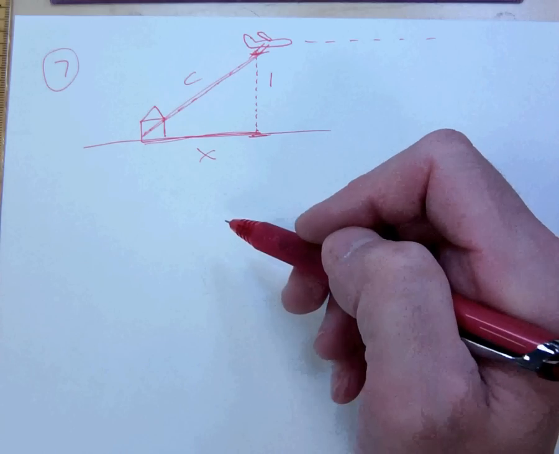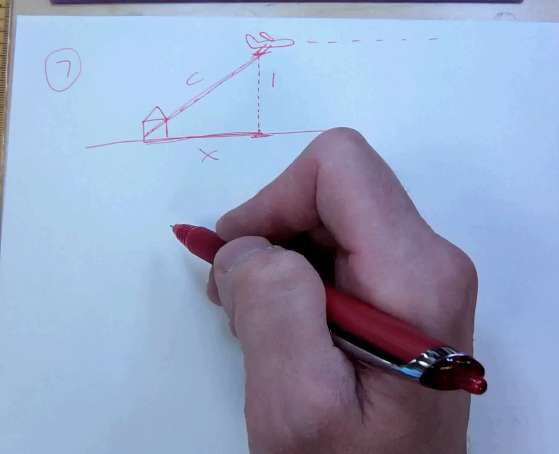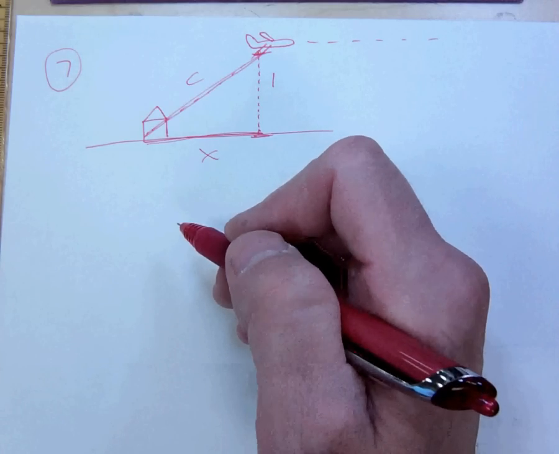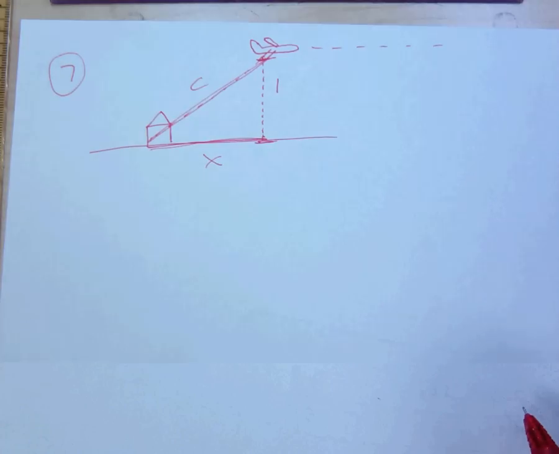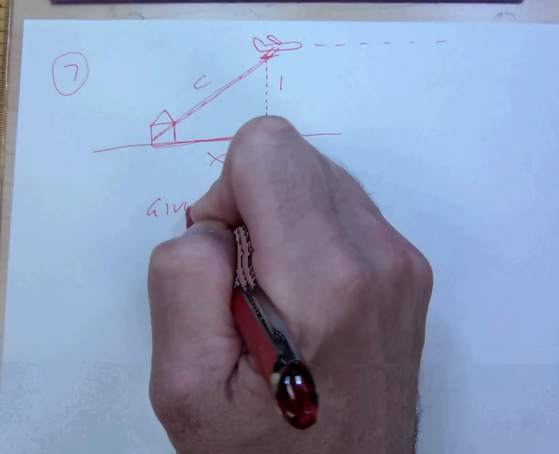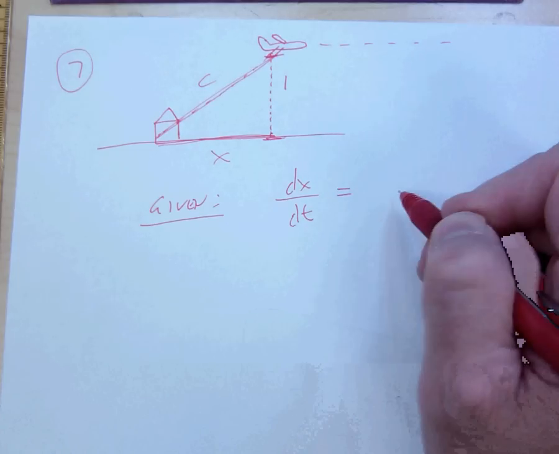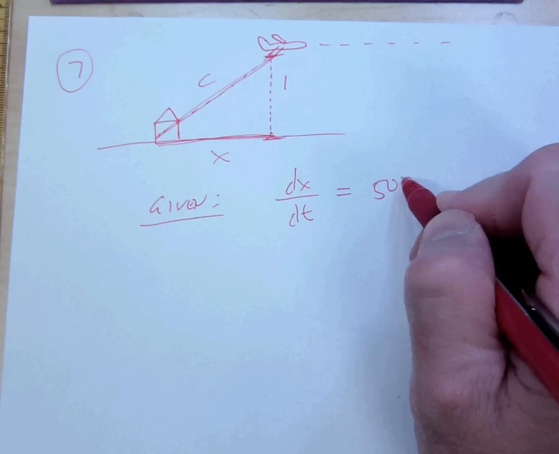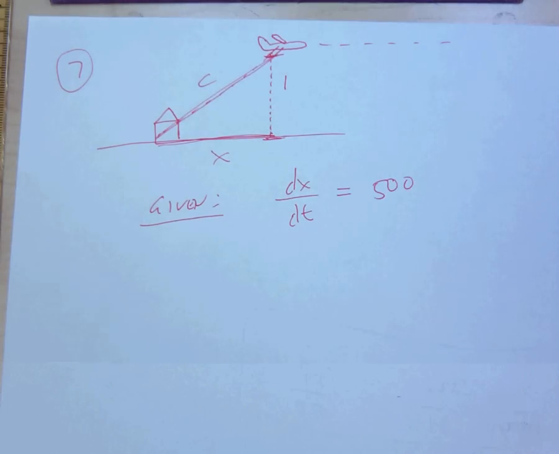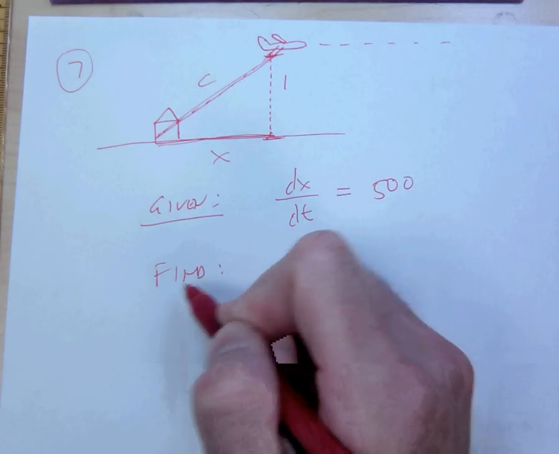When it talks about the speed of the plane being 500 miles per hour, what is that in my picture? If it talks about the speed of the plane, which is flying horizontally, being 500 miles per hour, what is that? That's your dx over dt, isn't it? And it's getting bigger, right? X is getting bigger, so it's a positive rate of change, right? That's how fast the plane is moving horizontally. So that's a change in x with respect to time. Then it says find the rate at which the distance from the plane to the station is changing. So what would that be?